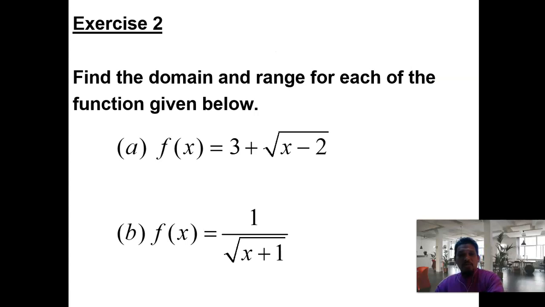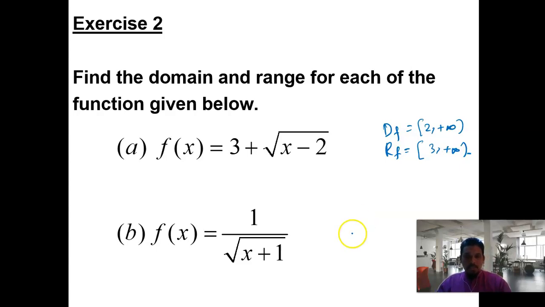Exercise 2, find the domain and range for each of the functions given below. The domain of this one is 2 to positive infinity, and the range is 3 to positive infinity.